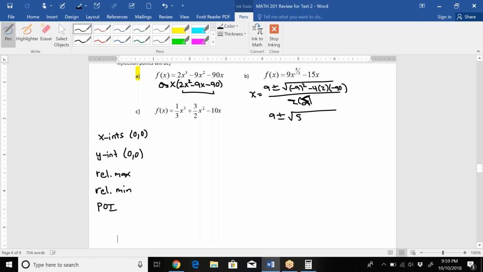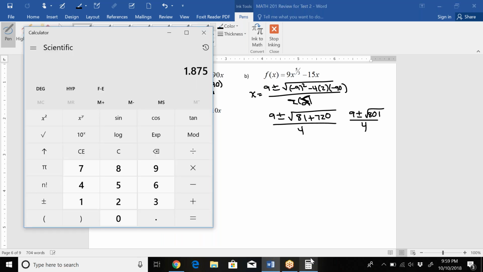Negative times negative is positive, so that's 8 times 90, which is plus 720, I believe, over 2 times 2, which is 4. Then you just add those two together. So that's 9 plus or minus the square root of 801, and that's all over 4.